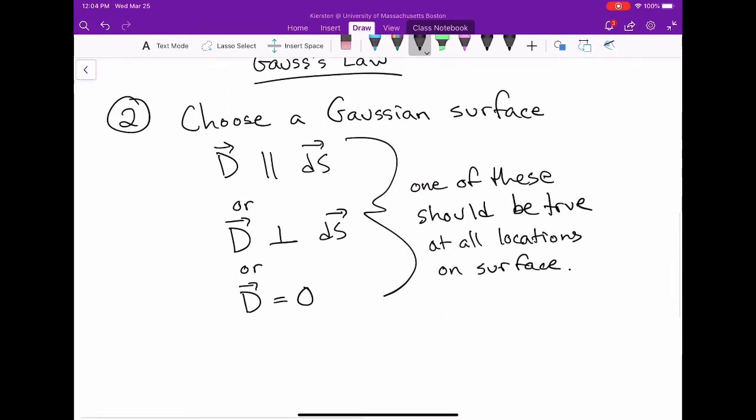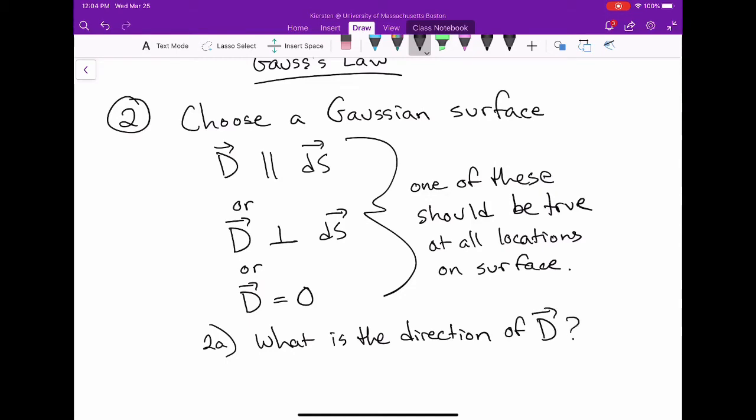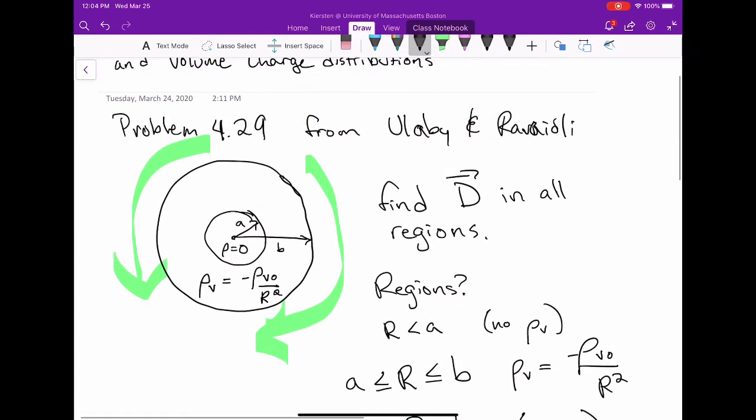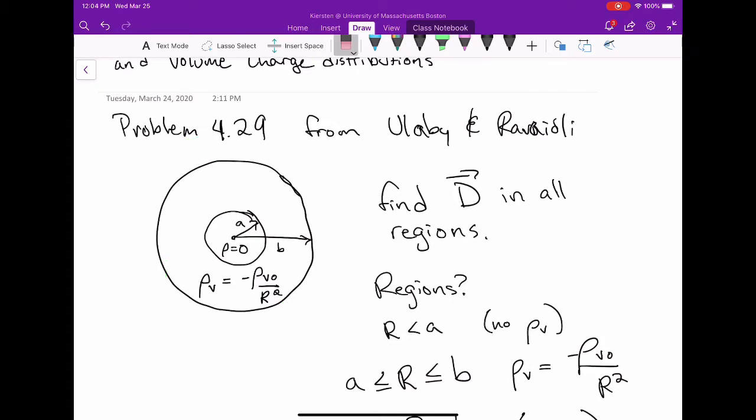So let's look at the symmetry of the problem. What is the direction of the electric flux density? Go back up. Look at the symmetry of this problem. Well, it's a very spherical problem. Nothing seems to depend on angle. We have this charge density here.